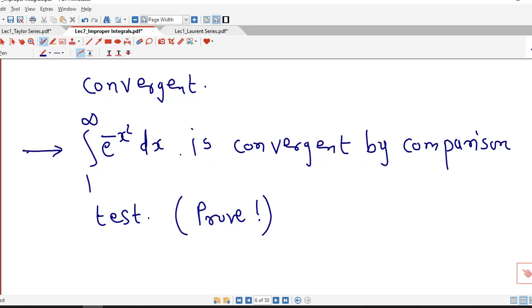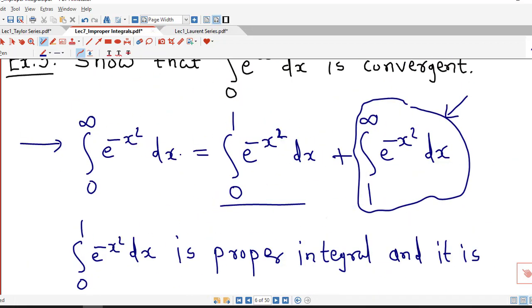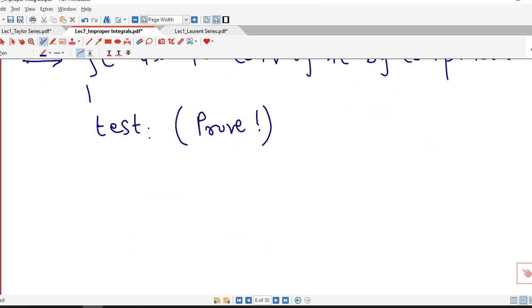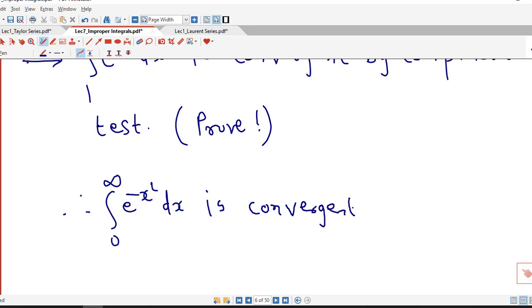So this is convergent by comparison test. So now this integral is a sum of two convergent integrals. So this is finite, this is also finite, therefore the given integral is also convergent. So therefore integral from 0 to infinity e raised to minus x square dx is convergent.